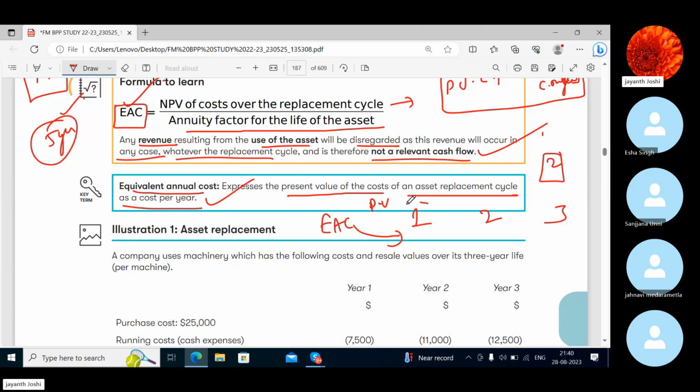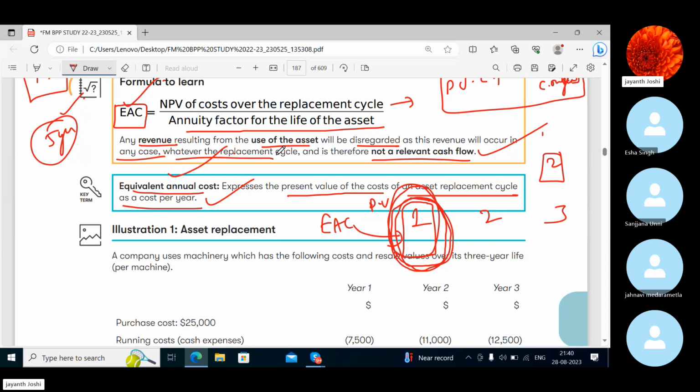Suppose my asset replacement cycle is 1 year. So what is the present value of the cost in 1 year, if I'm replacing the asset in this 1 year? That is EAC, equivalent annual cost.